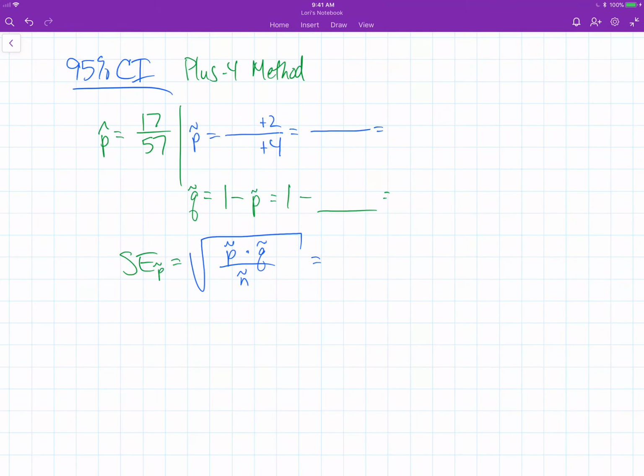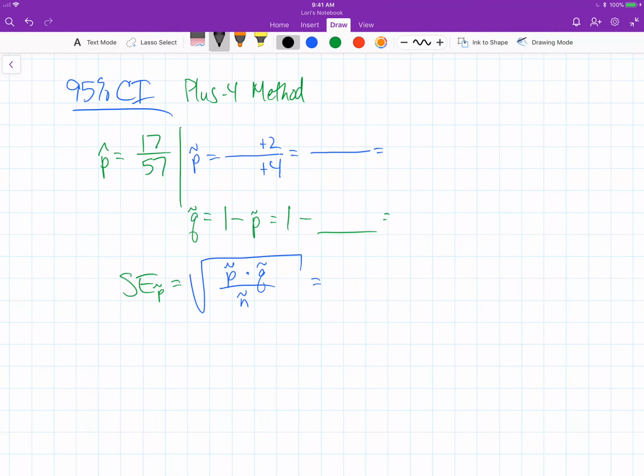Basically, we're going to take our previous calculation and do something called +4. So instead of having p hat, we have this p with the squiggly line over it. Instead of having q hat, we have a q with a wiggly line.